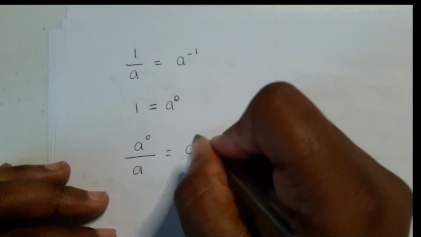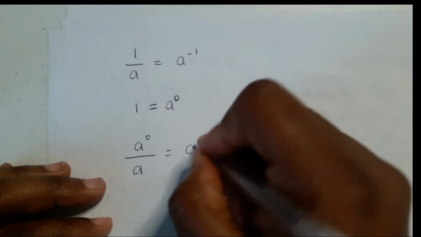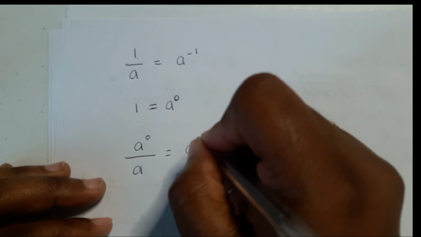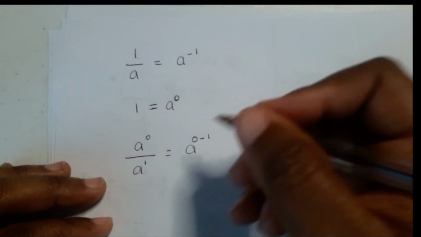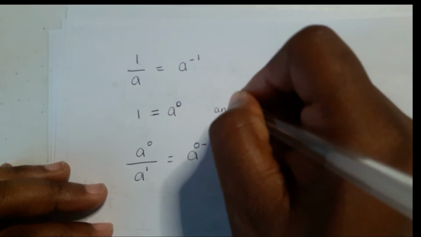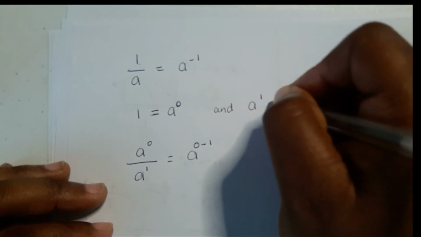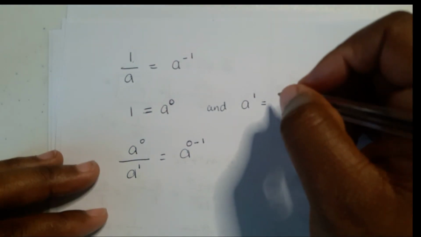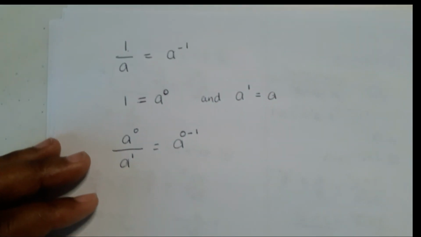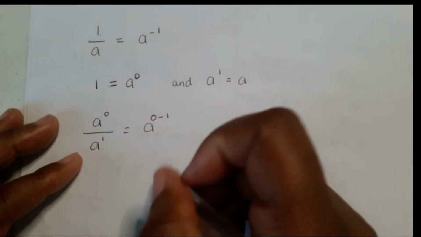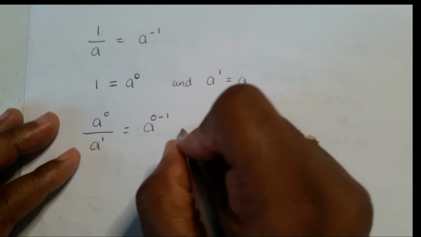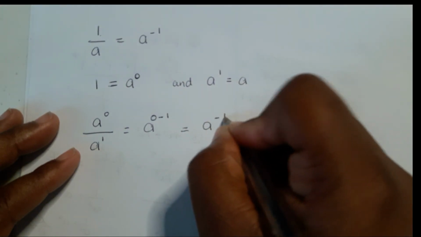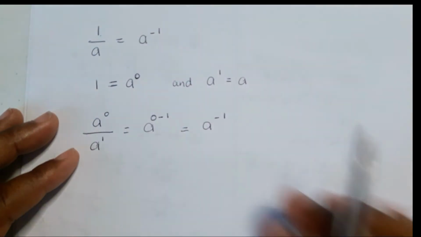And therefore, when you're dividing with exponents for variables, you have to subtract, you say 0 minus 1. Remember, a to the 1 is equal to a. So you just say a to the 0 minus 1 would equal a to the minus 1. That is why this is as it is.